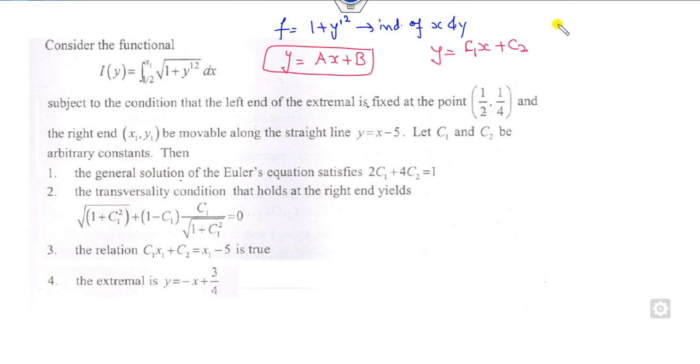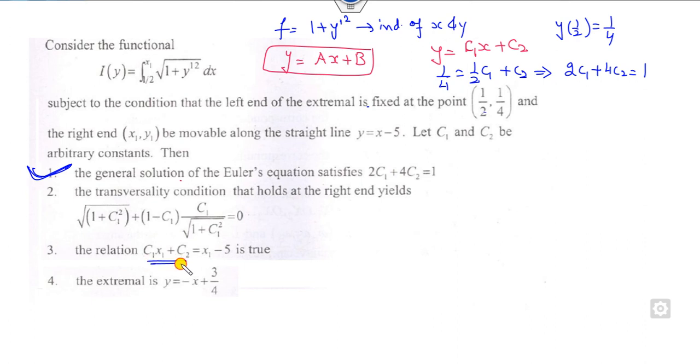Now we have to find the values of c1 and c2. So this is the point given to you. y of half is 1 by 4. So I can write here half c1 plus c2, which gives 2c1 plus 4c2 is 1. The first condition is satisfied.